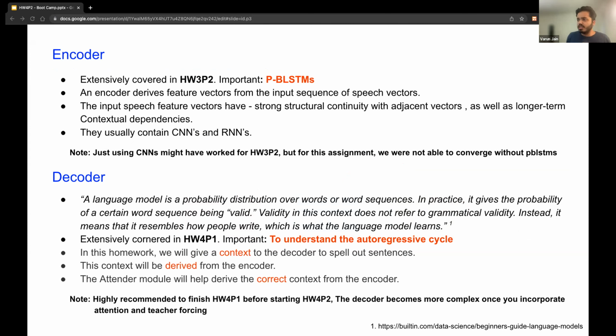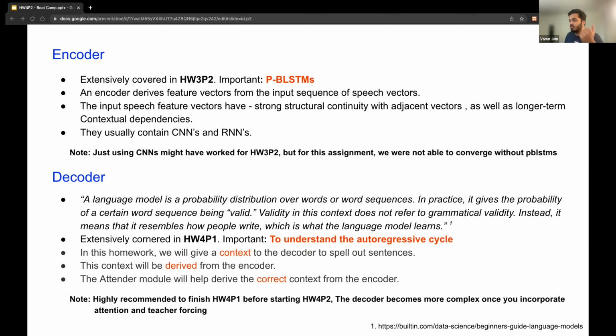We generally use convolutional neural networks and RNNs for encoders, which we have already seen in 3P2. The important factor about the 4P2 encoder is that you may or may not have used pBLSTMs in homework 3P2, but in this homework we were not able to train a model without a pBLSTM. So it is strongly suggested that you use these pBLSTM modules if you didn't code them in your 3P2 homework.